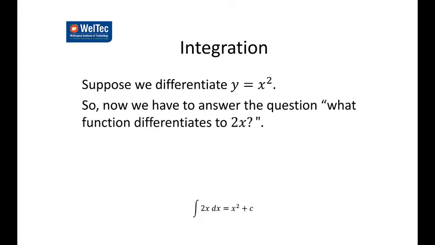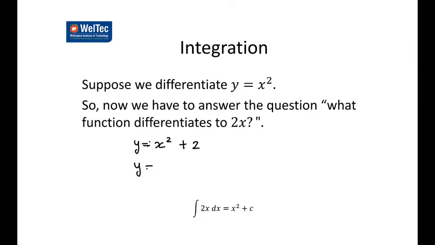Thinking it through, we can see that it must be y equals x squared. But it also might have been y equals x squared plus 2, because when we differentiated that, the first term becomes 2x and the 2 disappears. So that's a bit weird.